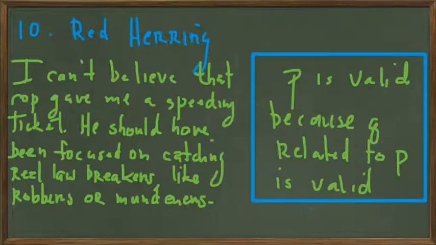So we've now looked at 10 fallacies in arguments, 4 in the first video and 6 more in this video. In this video, the limited choice, the appeal to emotion, the personal attack, the straw man, circular reasoning, and the red herring.